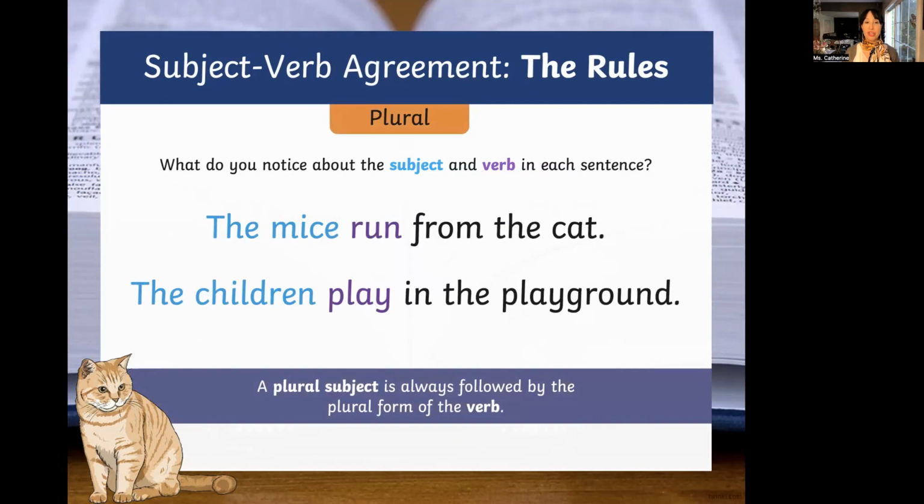A plural subject, such as mice and children, but remember, we need our article, the mice, the children. So the plural subject is always followed by the plural form of the verb. Mice run, children play.